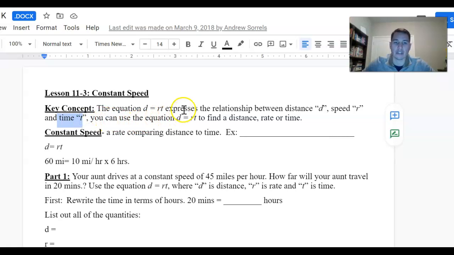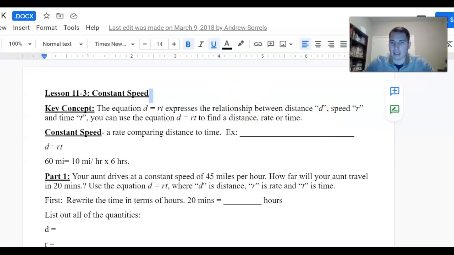Okay. You can use the equation D equals R times T to find distance, rate, or time. If we're given the distance and the time, we can find the rate. Given the rate and the time, we can find the distance. And we can interchange those missing variables.